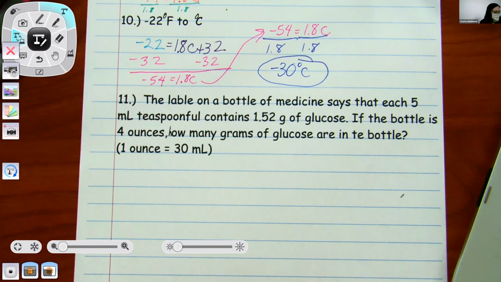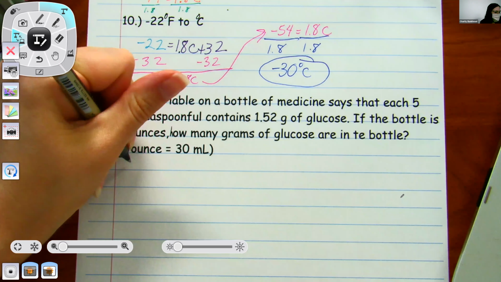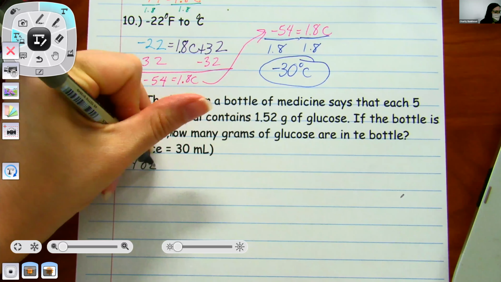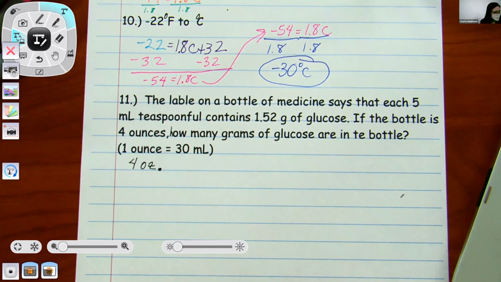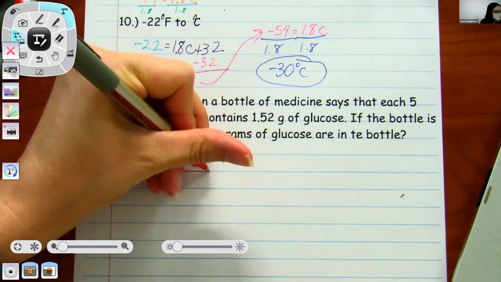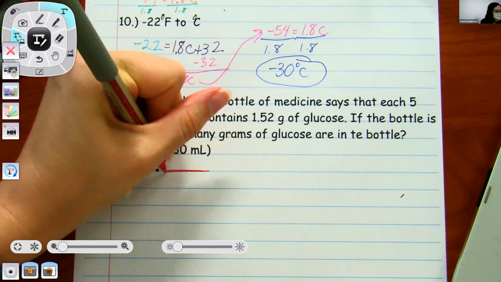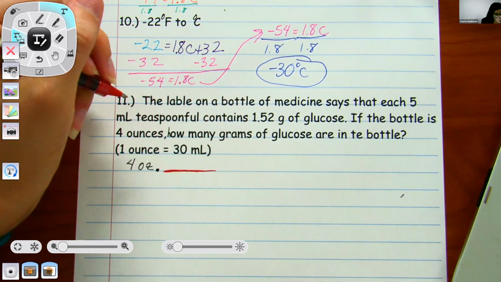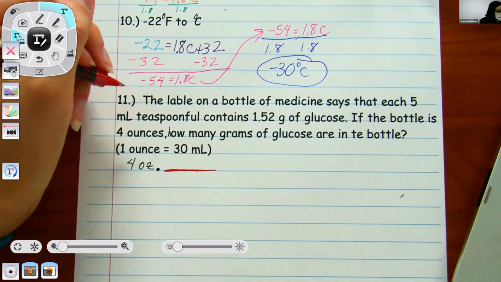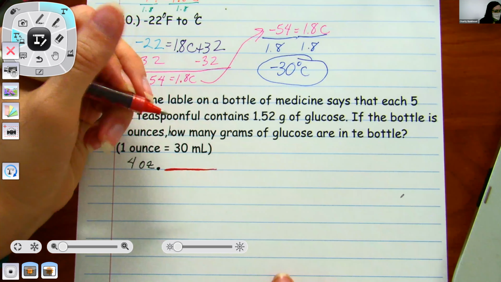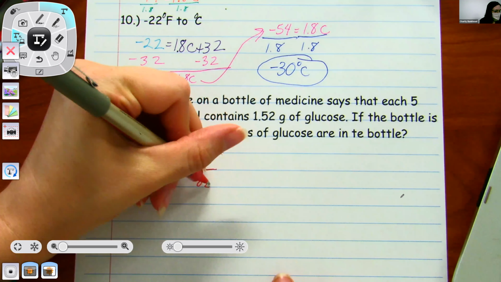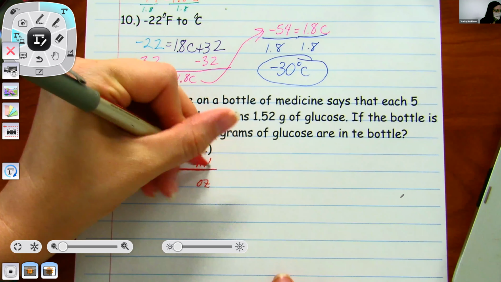That's what I'm going to start with. It also tells us 1 ounce is 30 milliliters. So we probably want to start with converting ounces to milliliters. 1 ounce equals 30 milliliters.